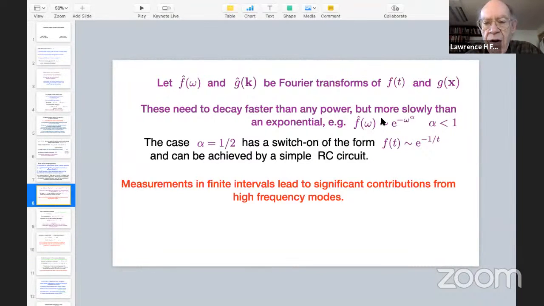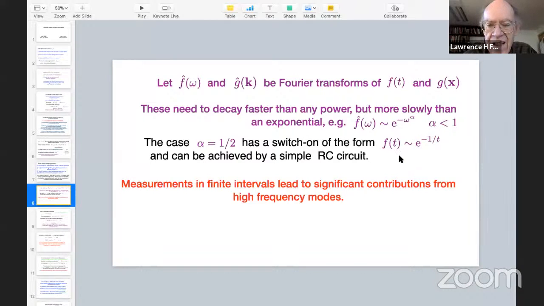So for example, one possibility, which is a wide class of these functions, is that f hat as a function of omega might decay as an exponential of a fractional power, omega to the alpha, where alpha is less than 1. And in fact, one can construct explicit functions that fall into this category for different values of alpha.